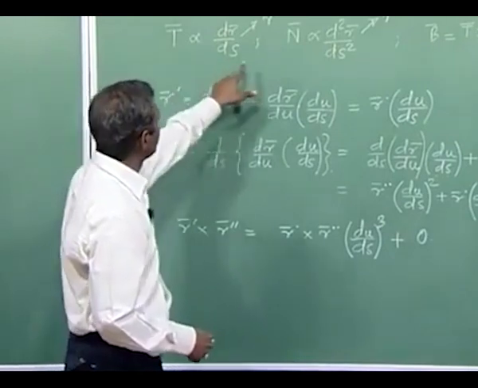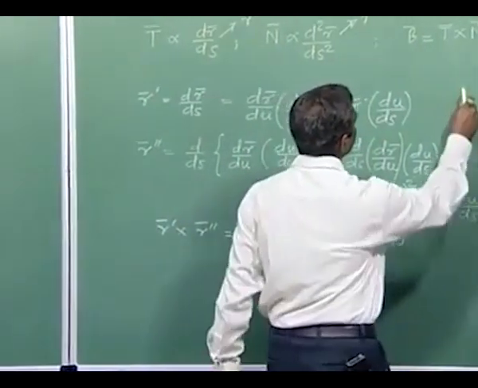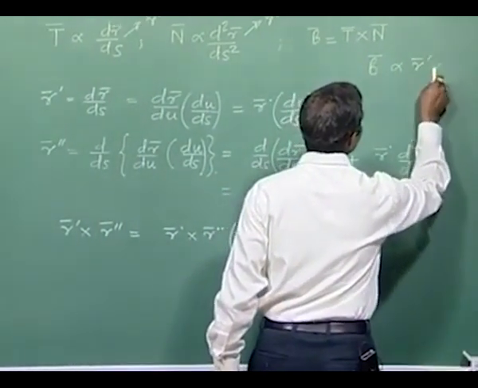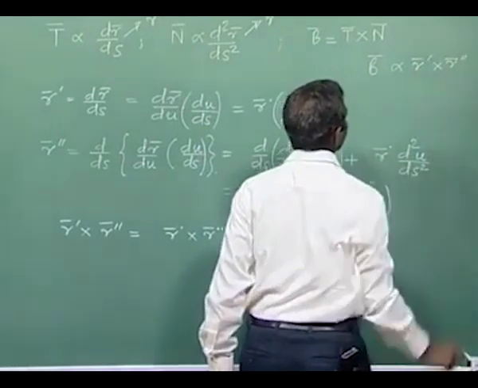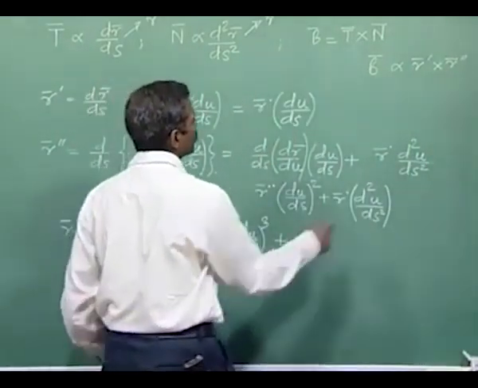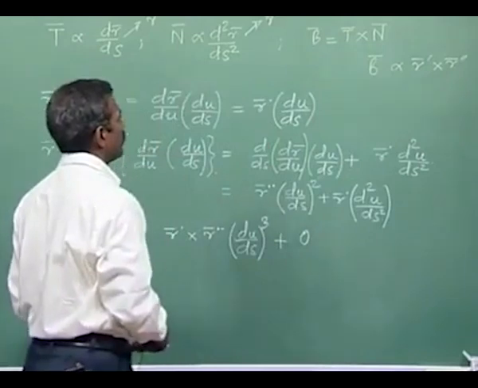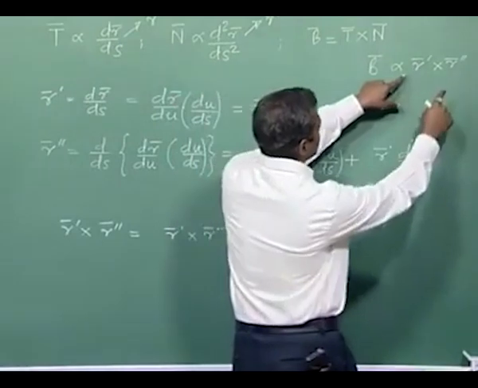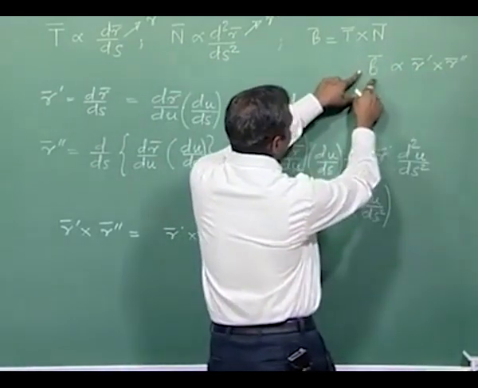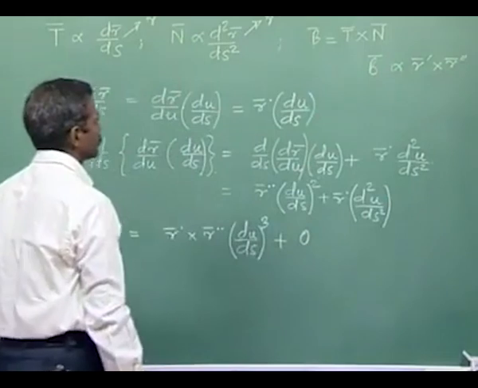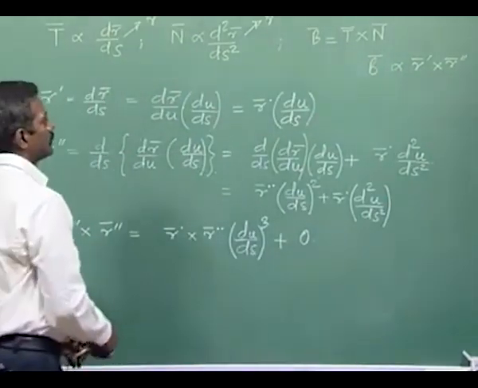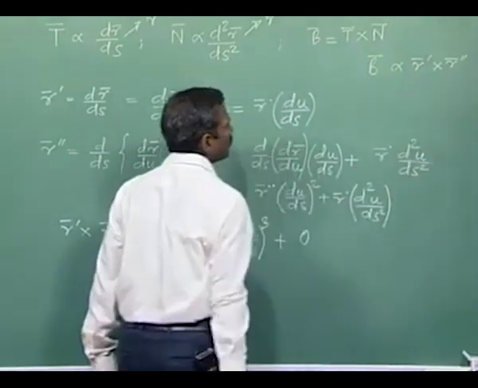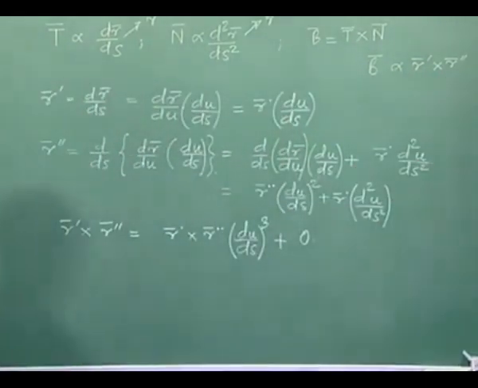If you look at these three expressions here, the binormal b will have the direction given by r prime crossed with r double prime. I'm using here the proportionality sign. Once I get the direction, I can always divide this expression by its magnitude to get the unit vector, or the unit binormal. Now let's see what r prime crossed with r double prime is in terms of r dot and r double dot.